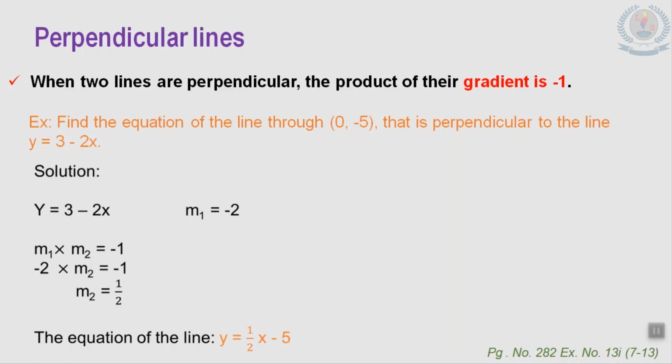As m1 is minus 2, m2 is equal to half. So we know the gradient of that line is half, and the equation of the line is y equals half x minus 5.